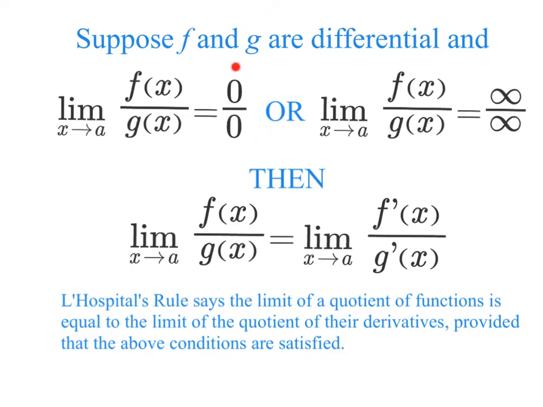So it has to be one of these conditions where you start off with a limit that's going to equal 0 over 0 or infinity over infinity. Those are the two cases that will be tested on your exam. Those are the two cases that you need to be familiar with. And this is the rule that allows us to evaluate those limits. So let's go ahead and get started with some examples.